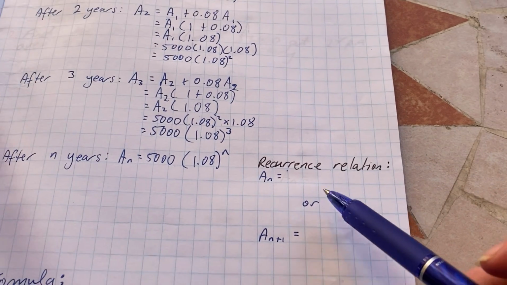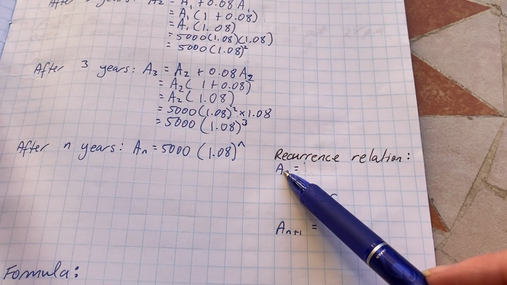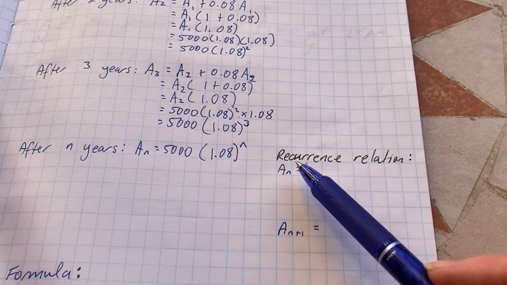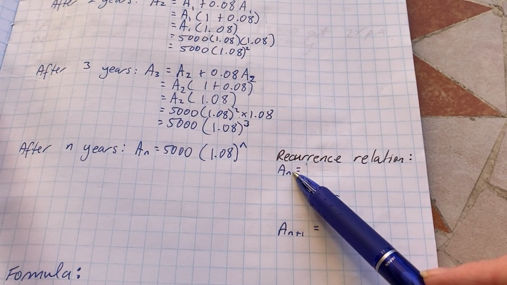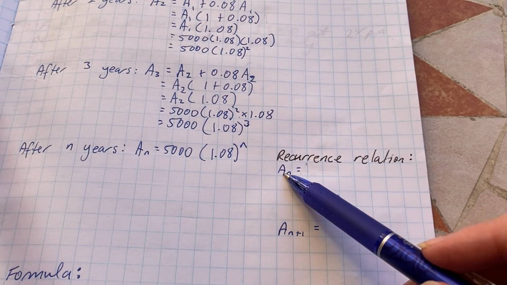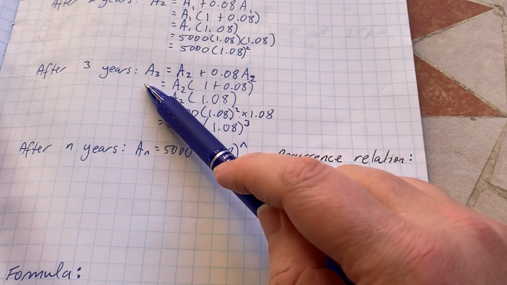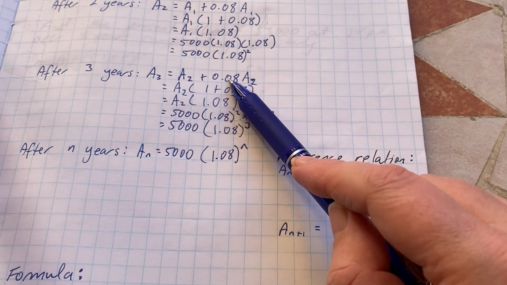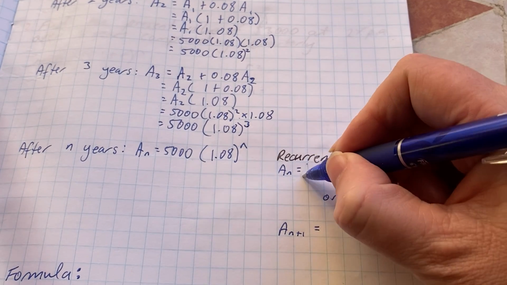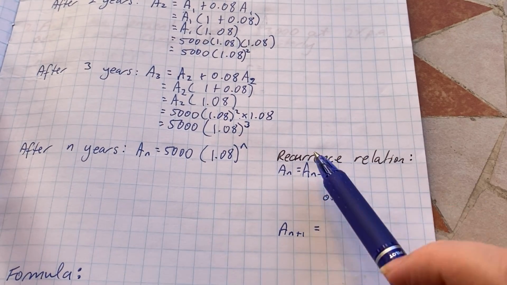Now, just to look at our recurrence relationship, we can write this in terms of an or an plus 1. There's a couple of different ways to write it. This an is how we normally do it, but I'm going to look at both. So an, we're really just writing this line here. It's a with n minus 1.